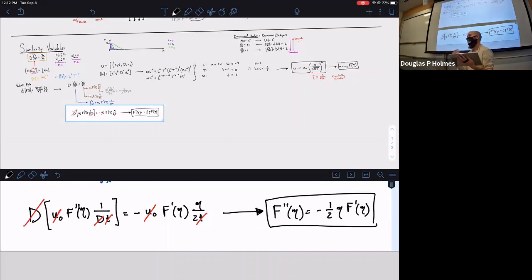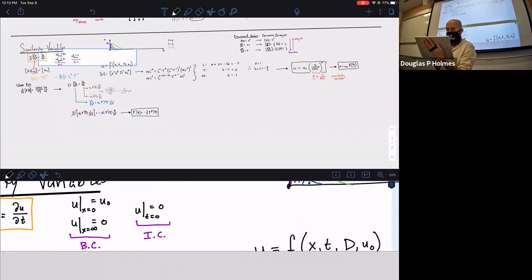Now we also have to take care of our boundary and our initial conditions. This is, I think, often a little bit strange because we started out needing 3, and now we only need 2 because we only have a second order ODE. What ends up happening is that if you notice in our initial conditions, 2 of them are occurring at 0.